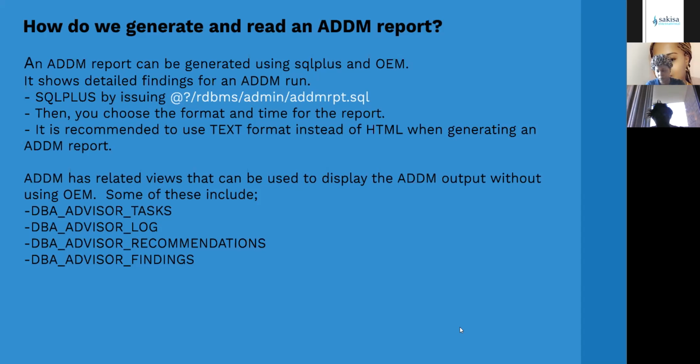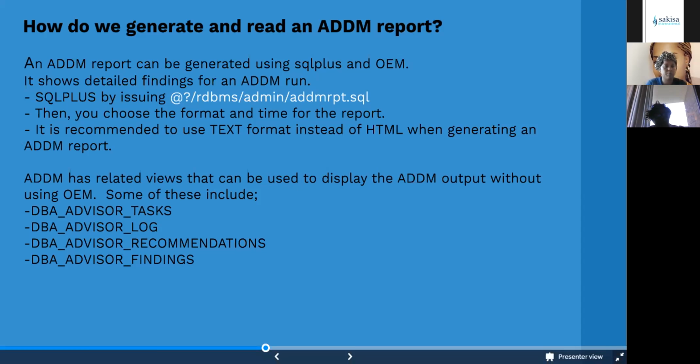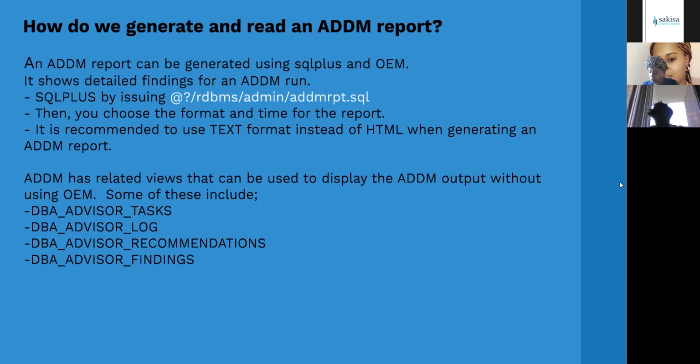When we are using SQL Plus to get into those findings, we can enter @?/rdbms/admin/addmrpt.sql.